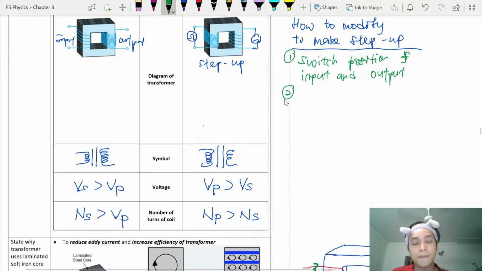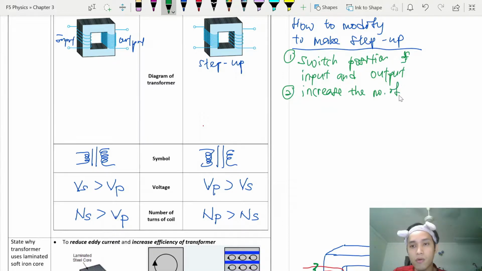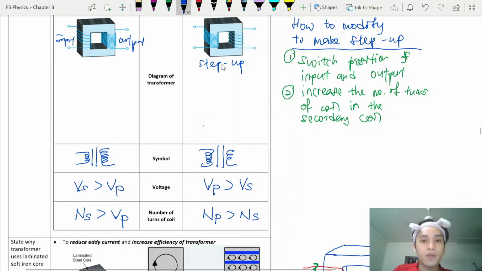A second way to modify is to look at the number of coils here. What I can do is increase the number of turns of coil in the secondary coil. I drew back the original one, so this is a step down.